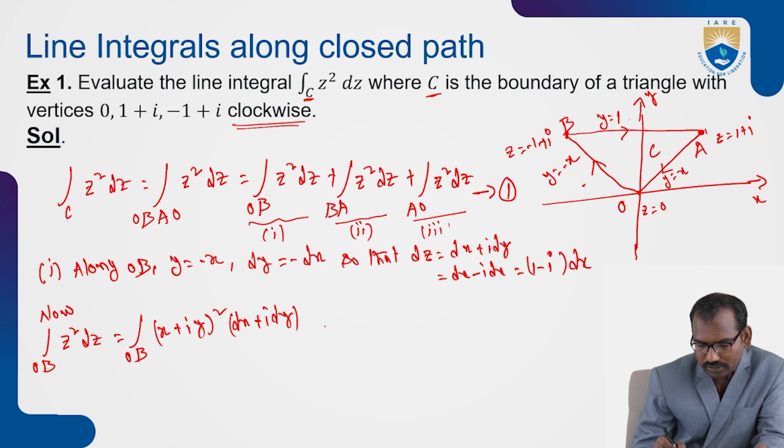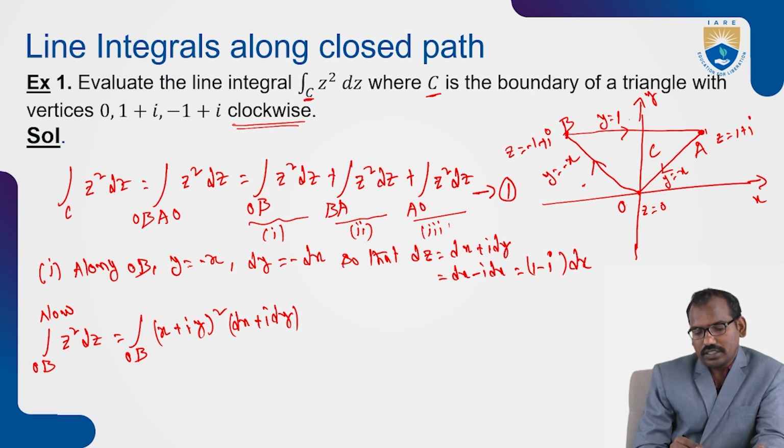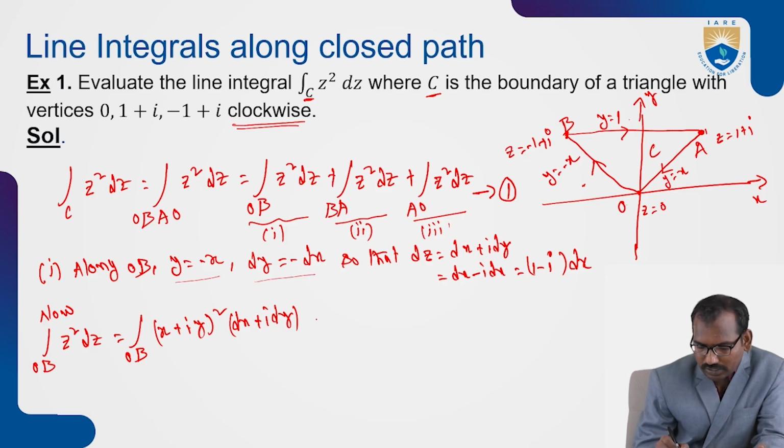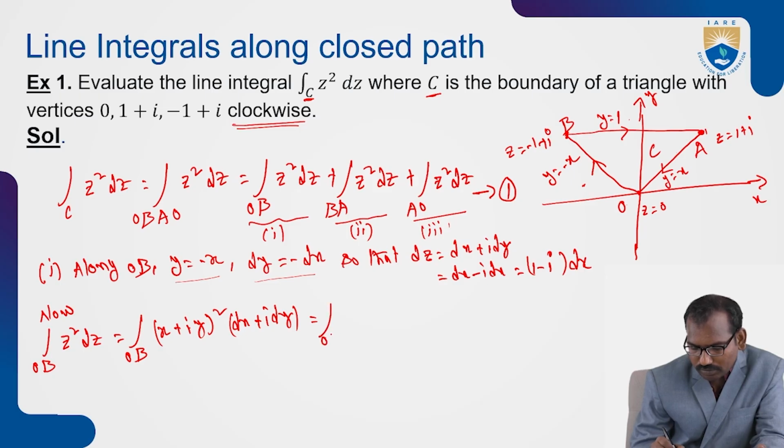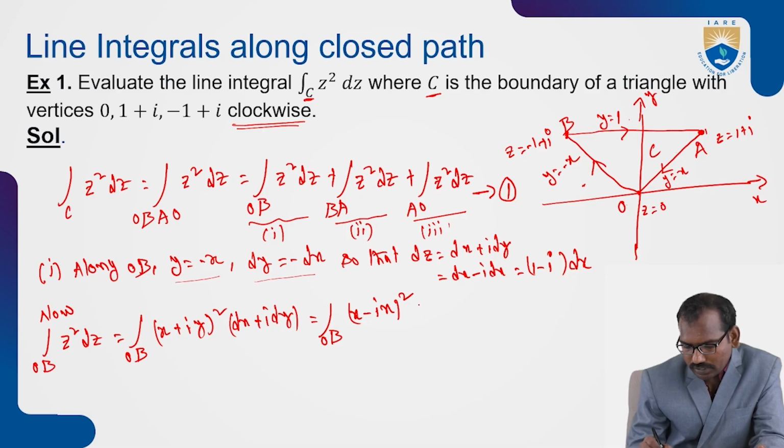Using y equals minus x and dy equals minus dx, I get the integral along OB of (x minus ix) whole square, and here dx minus i dx.